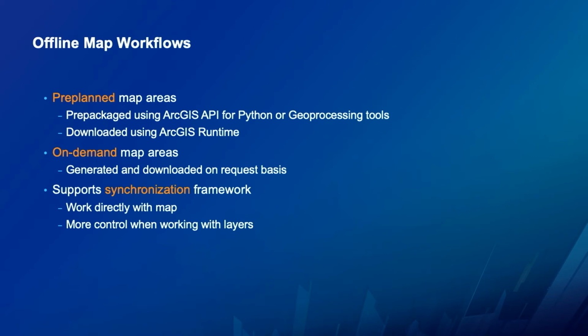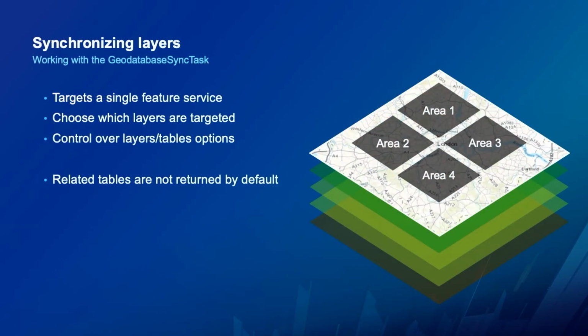And the synchronization framework, as I was saying, you can work against the map directly, and we'll take care of connecting to all the different data sources. So if you're synchronizing layers, they target a single feature service, whereas a map will target all of them.